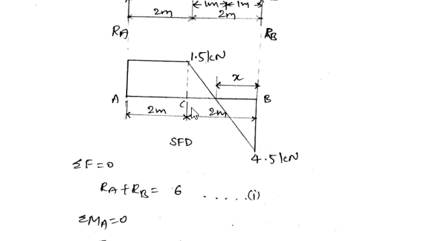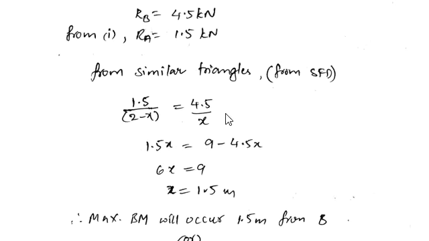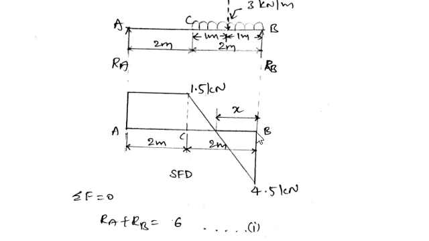So 1.5 by 2 minus x equals, for the corresponding side, 4.5 by x. From this, if you find x, 1.5x equals 9 minus 4.5, and simplifying, we get x as 1.5 meters, where x is the distance from B.